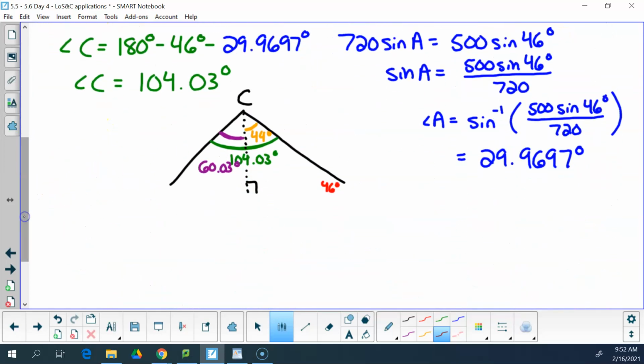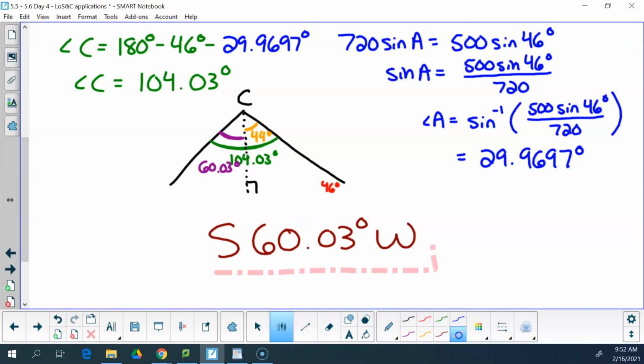So down is south. Then the angle that we're heading off of the vertical is 60.03 degrees. And is that on the west side or on the east side? It's on the west side. So there is our bearing from point C to point A.